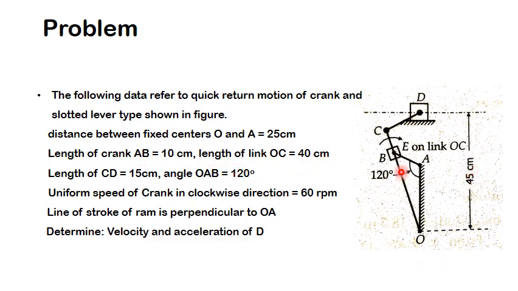CD is given as 15 centimeter, and angle OAB is given to you, which is 120 degree. The crank AB is rotating with a uniform speed of 60 rpm, and OA and the line of stroke of D are perpendicular to each other. What is asked is you need to determine velocity and acceleration of CD.